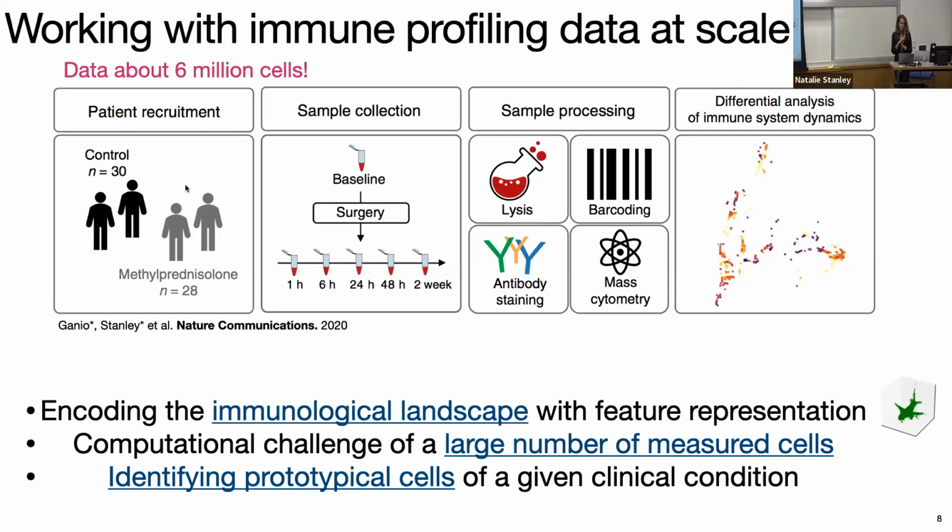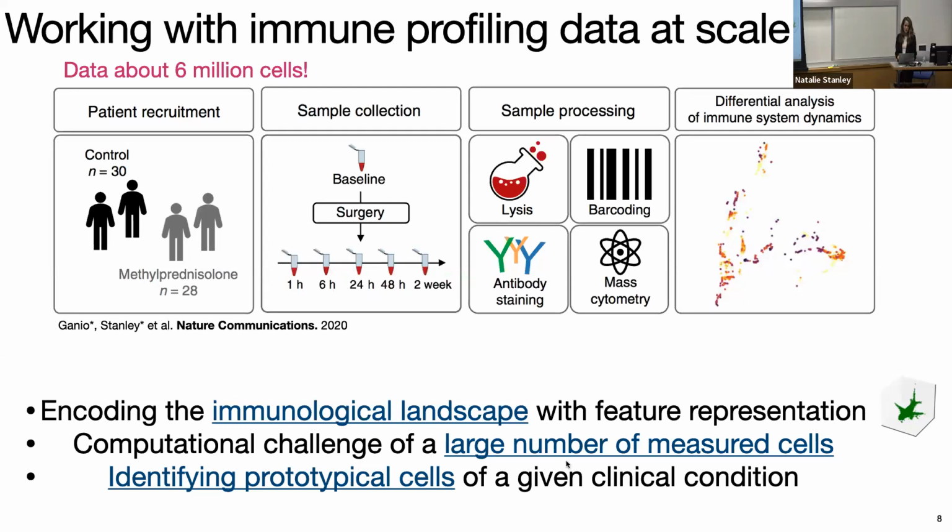So some of the problems that this inspired would be, how do we actually encode the immunological landscape with a feature representation? Similar to how I showed you with the point clouds, how could we represent every one of those point clouds as a single vector or a mathematically abstract representation that would allow us to do some kind of prediction?